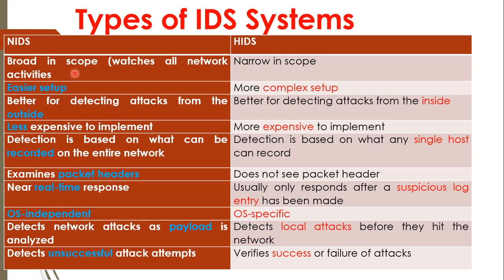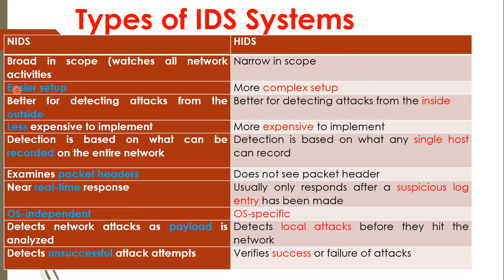That's the reason NIDS is very broad in scope, whereas in HIDS you have a client and server kind of organization, so it is very narrow in scope.